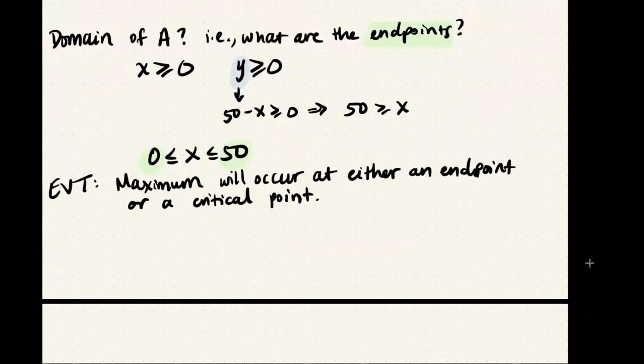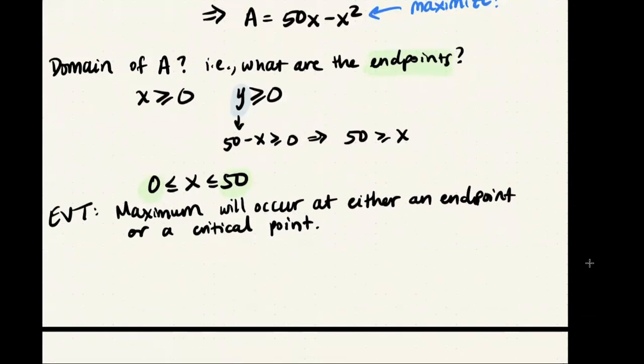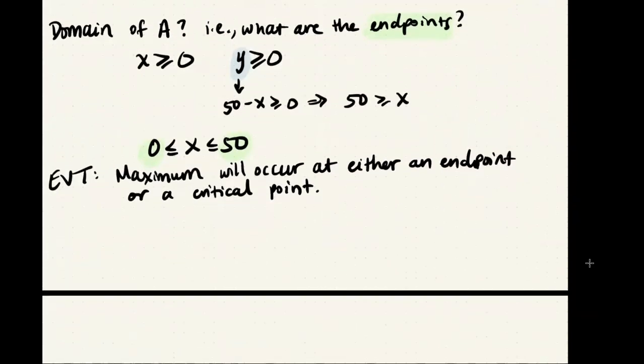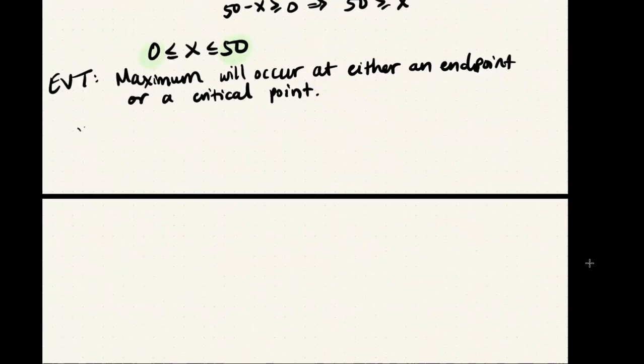That's true for continuous functions, and our equation for the area is a continuous function. It's a polynomial, so we're free to use that. Okay, so we have our endpoints, 0 to 50. Now we need our critical points. What are our critical points?